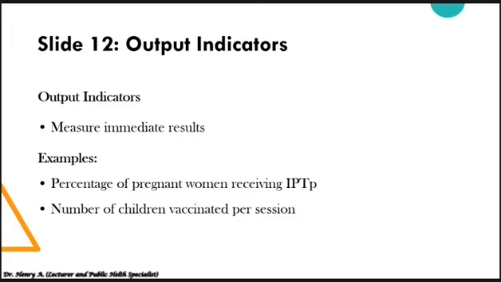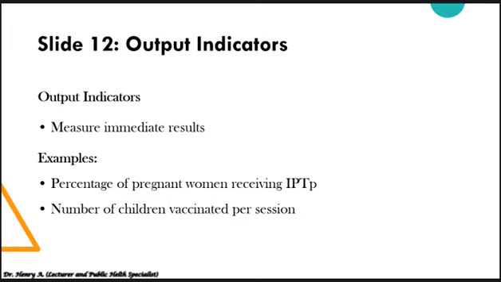Now, this is clearly measuring the immediate direct results of the program activities, because it is called output indicators, results, eventual impact. So if you look at this example, the percentage of pregnant women that received the therapy, the number of children that received the vaccination during a particular session.